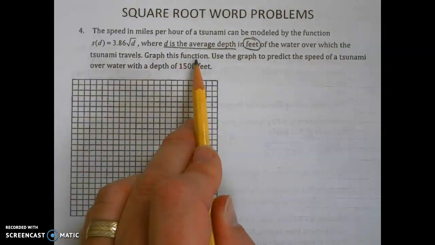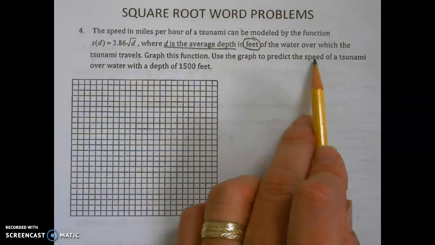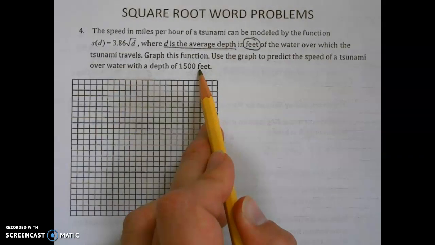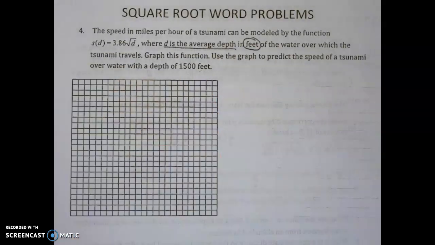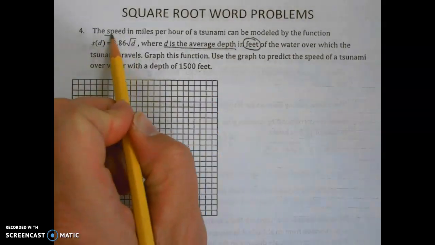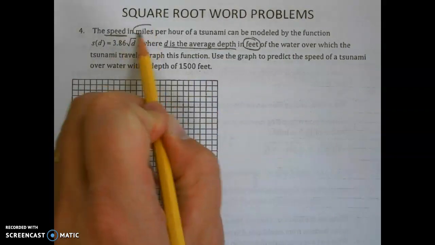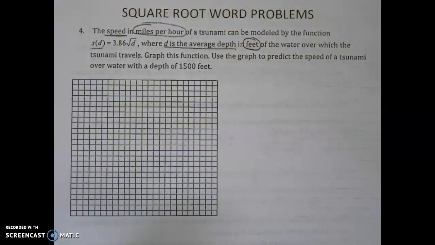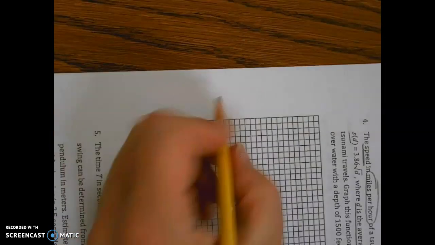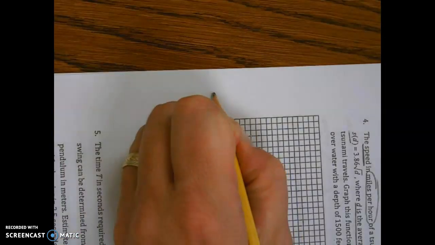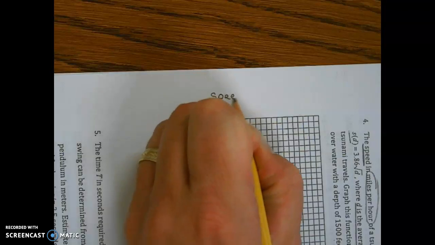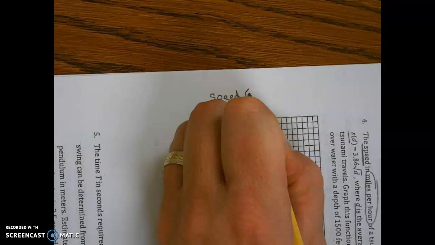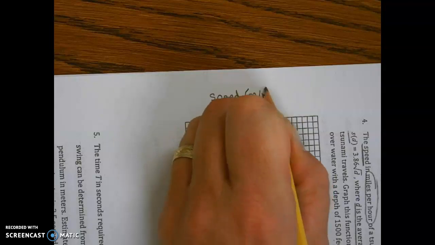Graph the function. Use the graph to predict the speed of a tsunami over water with a depth of 1,500 feet. So we have speed in miles per hour, and this is going to be our dependent variable, so that is going to go on the y-axis. Speed, and then we put the units here, miles per hour.